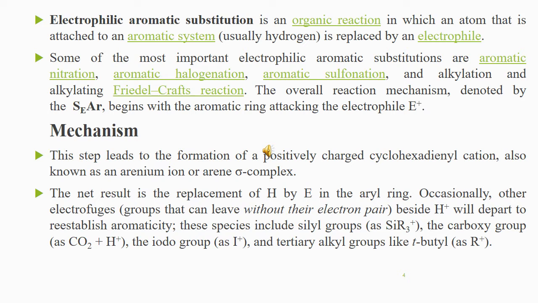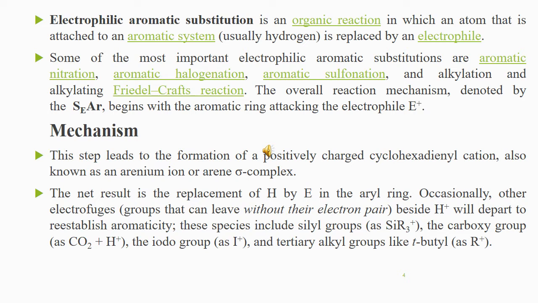The result is the formation of the arenium ion. After that there will be replacement of hydrogen. The electrophile will be added into the ring, and at the last, other electrofuges besides H positive will depart to re-establish aromaticity.